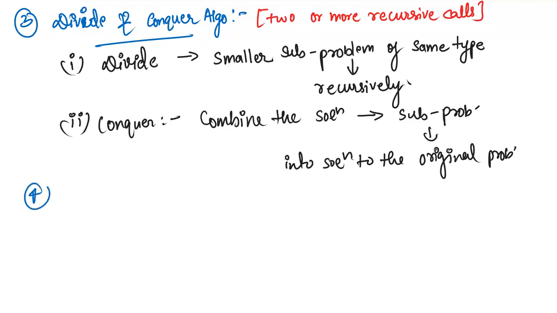Now let us see the fourth type, the dynamic programming algorithm.